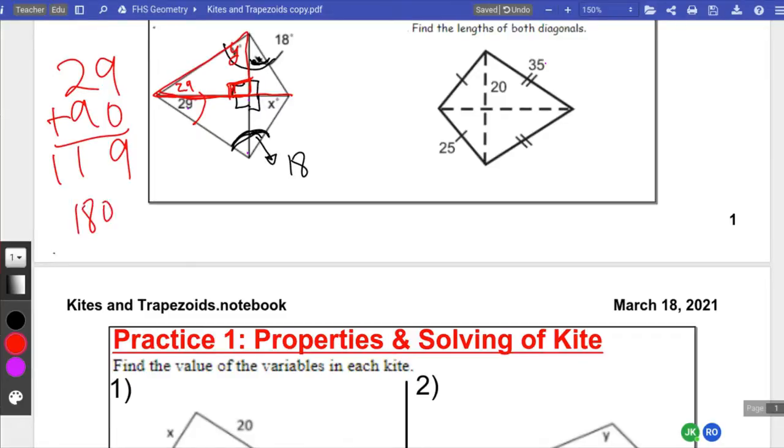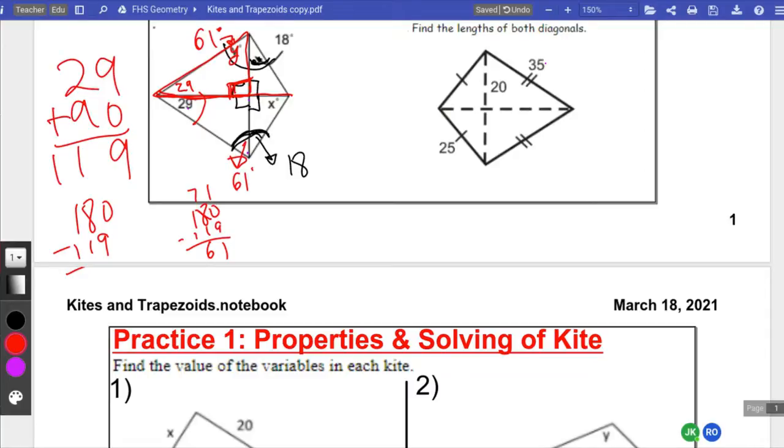Take that away from 180. 180 minus 119 is 61. So this angle right here will be 61 degrees. If that is 61 degrees, then I know this also has to be 61 degrees. All right. So that covers y.